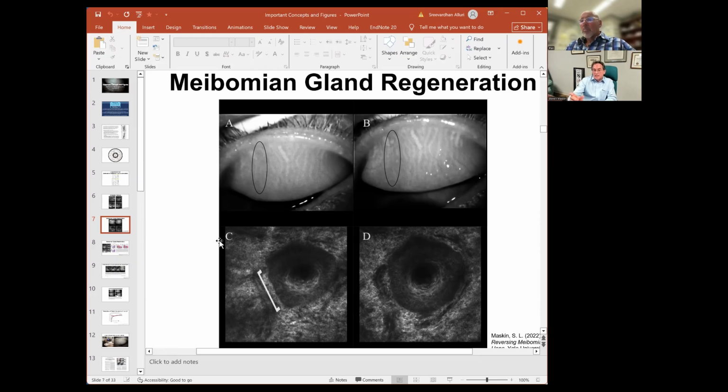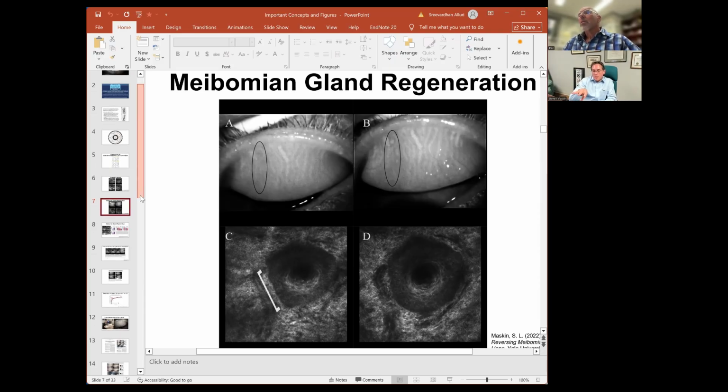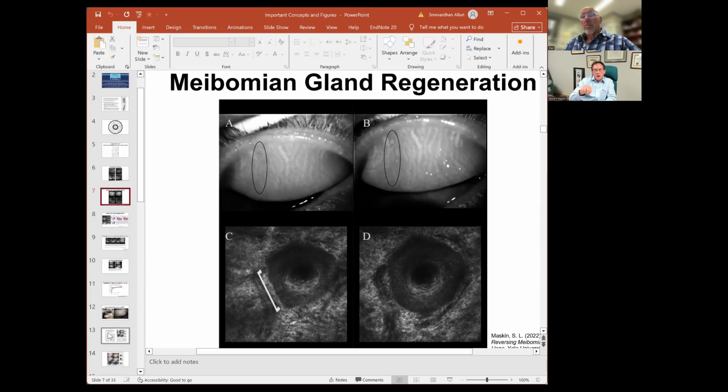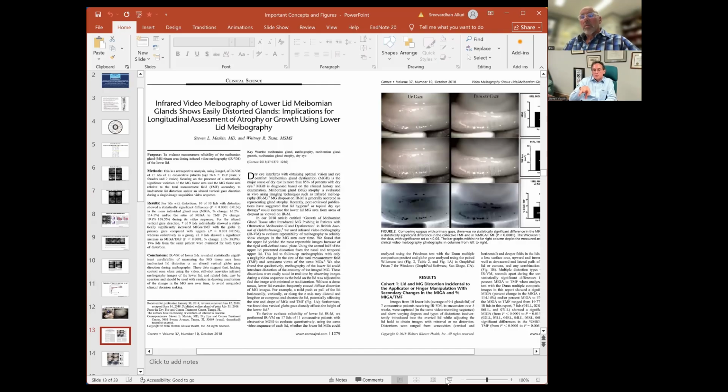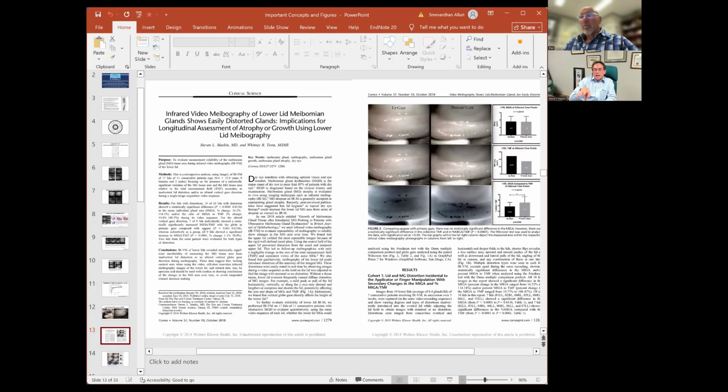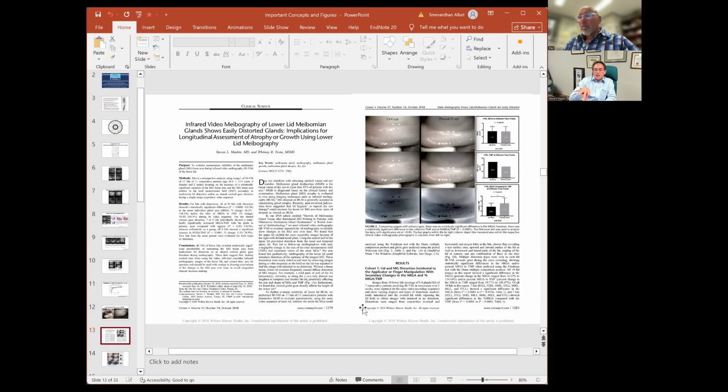Depending upon how the lid is held, you can actually introduce artifact. And I published a paper where we found that focusing on the upper lid to perform meibography is actually the better, more accurate way to evaluate changes in the meibomian glands over time if you're trying to evaluate a therapy. And this is the article that was published in 2018.